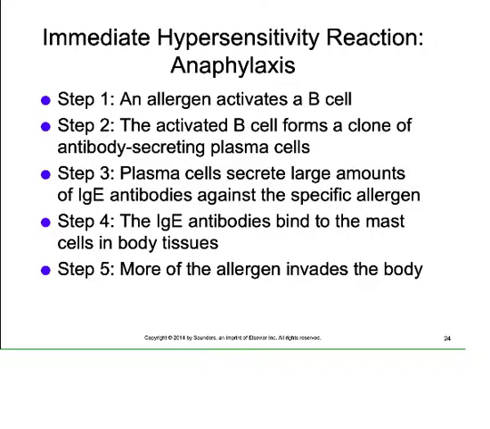The activated B cell forms a clone of antibody-secreting plasma cells, which secrete large amounts of IgE against that allergen. The IgE binds mast cells and they release histamine, which promotes inflammation. And then the result is that we end up with inflammation over a large area, okay? We can take a look at some of the different types of hypersensitivities here.